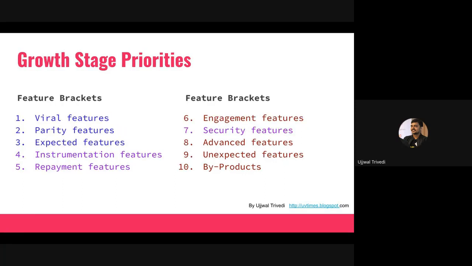When you go into the growth stage, आपका कुछ एक्सपेक्टेड फीचर्स वगैरह मोस्टली बन गए हैं, पैरिटी फिर भी थोड़ी बहुत आ चुकी है, राइट? नाउ यू आर फोकस्ड ऑन वायरल फीचर्स, राइट? कैन हाउ कैन आई मेक इट हाई ग्रोथ, राइट? इंस्ट्रूमेंटेशन इज सडनली इम्प्रूव्ड इन प्रायोरिटी. अभी आपने ऑलरेडी काफ़ी डेट ले लिया है डिज़ाइन में, डेवलपमेंट में, टेक में. सो नाउ इज द टाइम फॉर रिपेमेंट. अगर आपके लीगल क्लॉज, आईपी और ये सब अगर आपका कंप्लीट नहीं है, अकाउंटिंग प्रॉपर नहीं है, तो स्टार्ट फोकसिंग ऑन दोज थिंग्स इन टर्म्स ऑफ बिजनेस, राइट?